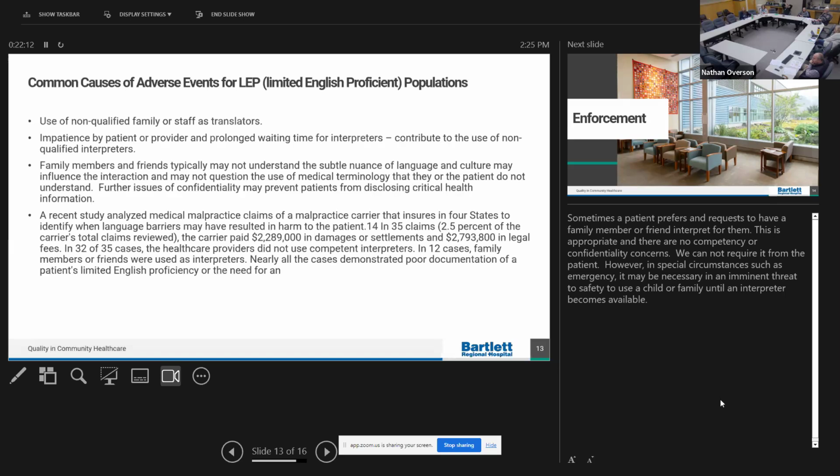So documentation is important, and my slide got cut off somewhere in the process of uploading it. If we are not using interpreters when we need to, especially when consenting, providing discharge instructions, those critical areas of patient care, it can be considered medical malpractice. So that goes back to staff feeling comfortable: if they feel uncomfortable that it's not getting through, just say, let's try this, let's pull this in.